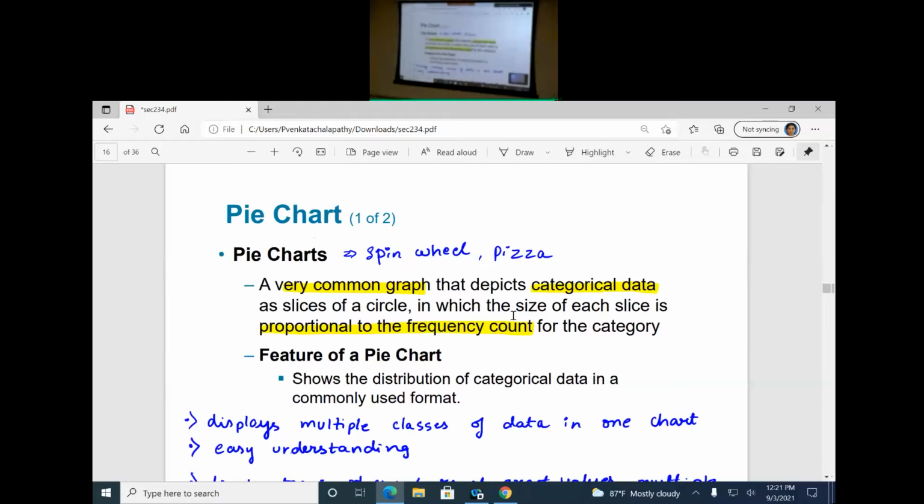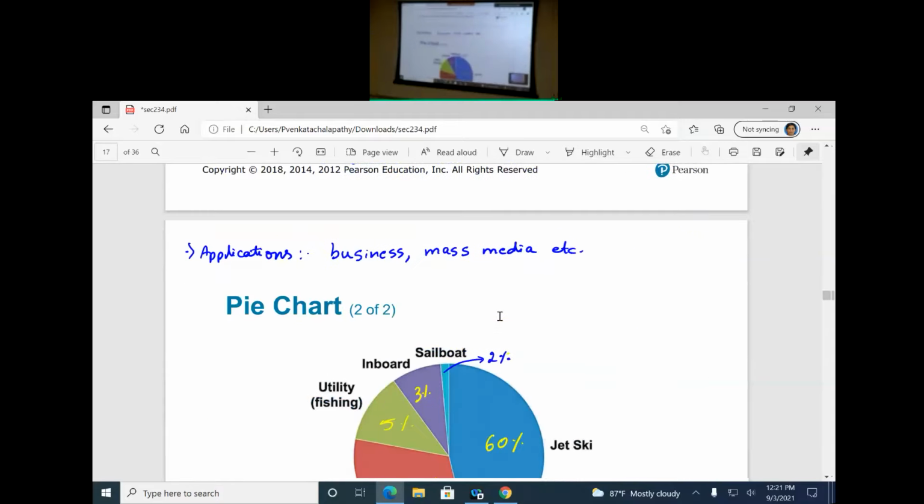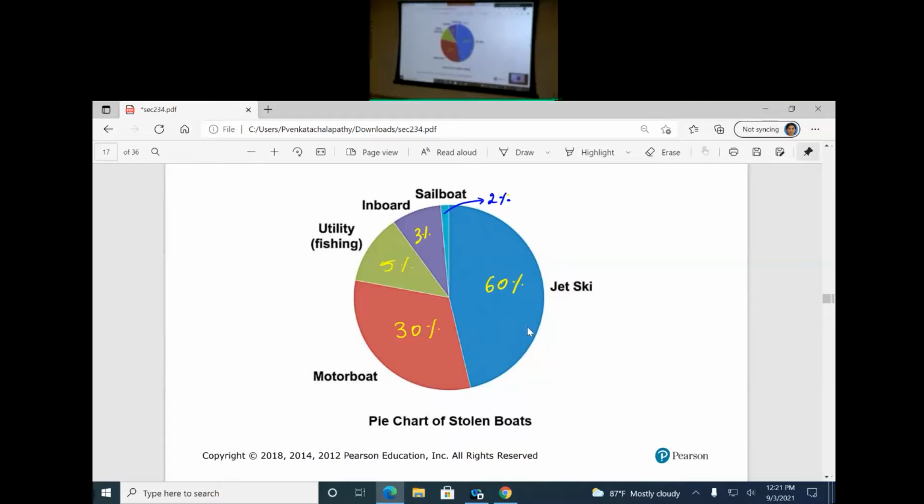With a circle, number of divisions, that is example of your pie chart, and this is how it looks like. So most often, your pie chart will be expressed in percentage. And always if you are expressing this in percentage, the total number should be 100%. So if you count 60 plus 30 plus 5 plus 3 plus 2, it will give you 100 percent. It has to be 100.